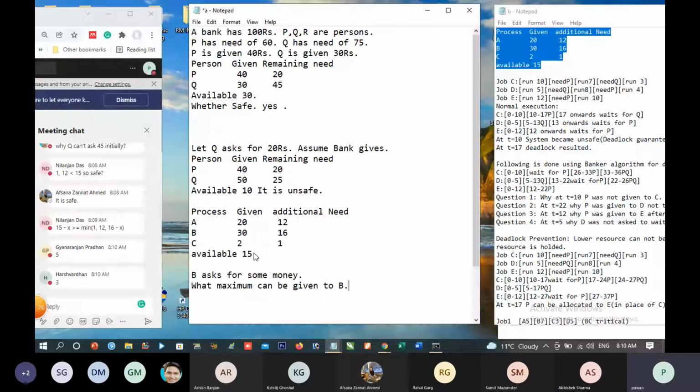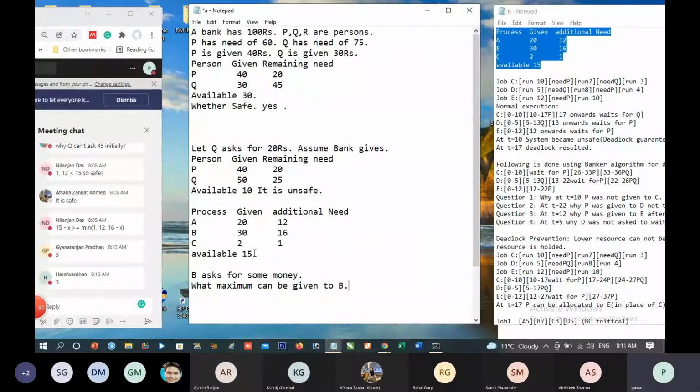Nilanjan, how have you given the answer like this? 15 minus x should be greater than or equal to the minimum of 1, 12 and 16 minus x.